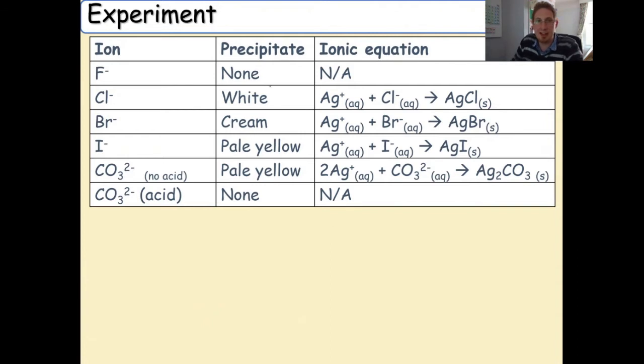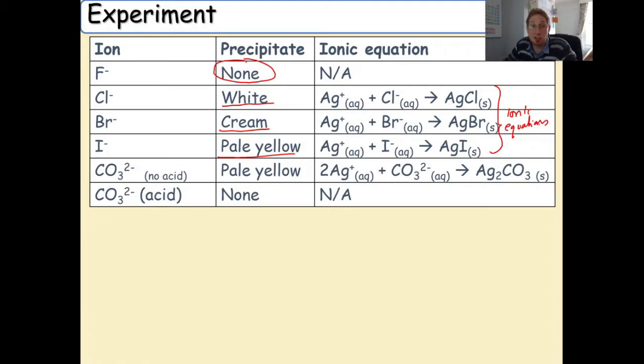What you would have seen, you didn't do this, but fluoride does not actually give a precipitate with silver nitrate. The chloride, you should know this from GCSE, gives a white precipitate. Bromide gives a cream precipitate, iodide gives a pale yellow precipitate, and these are the appropriate ionic equations that you should know from GCSE.